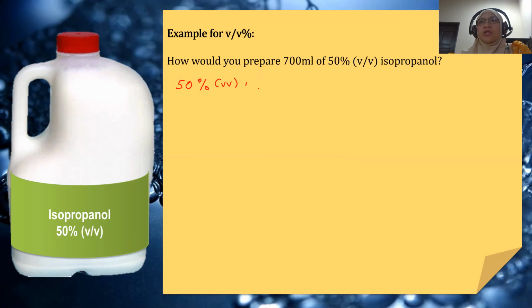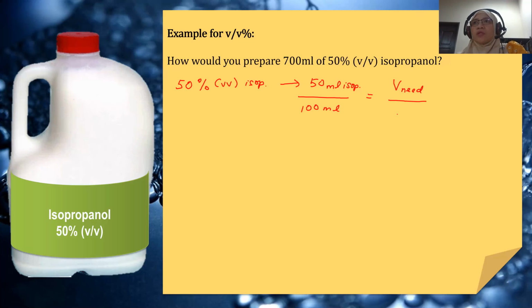I am just using IsoP to represent isopropanol. This means 50 ml of isopropanol is present in every 100 ml of the chemical solution. Then we need to set up a proportion to calculate the volume that we need in order to prepare 700 ml of solution.